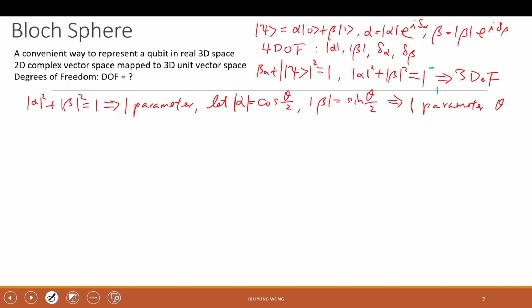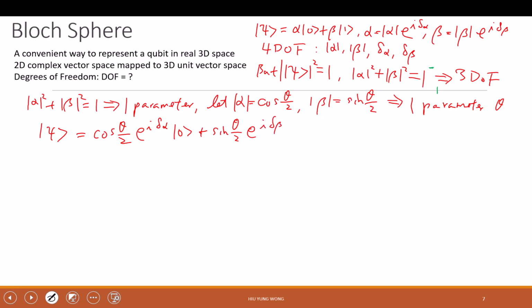Now with that, I can say psi, any general state, is equal to cosine theta divided by 2 times e to the power i delta alpha, 0, plus sine theta divided by 2 times e to the power i delta beta, 1.